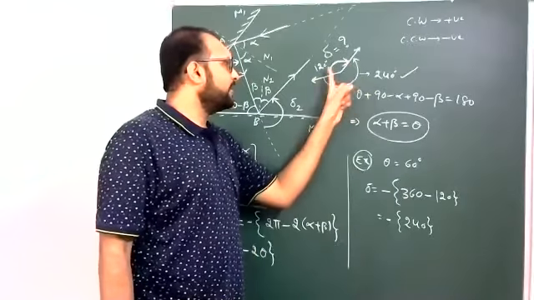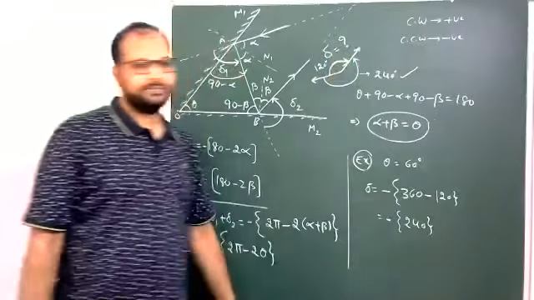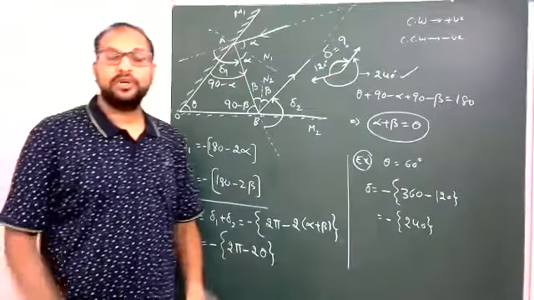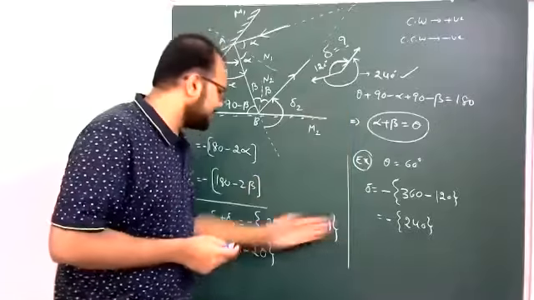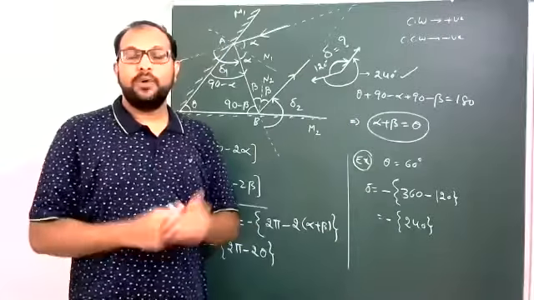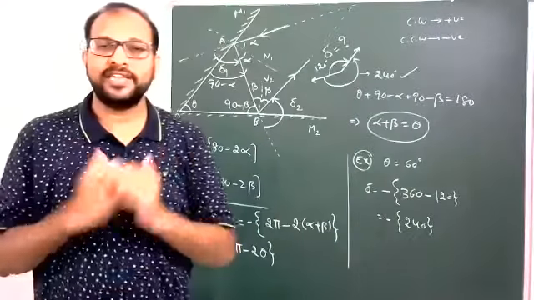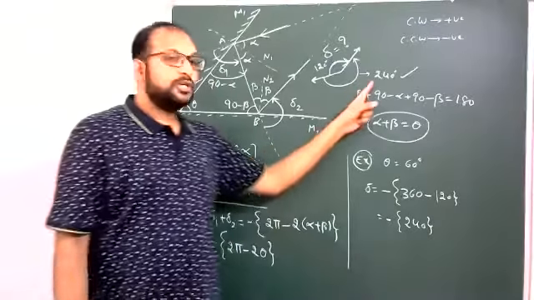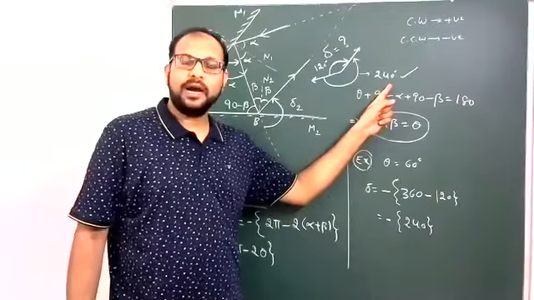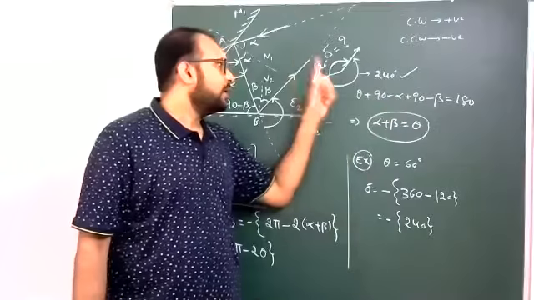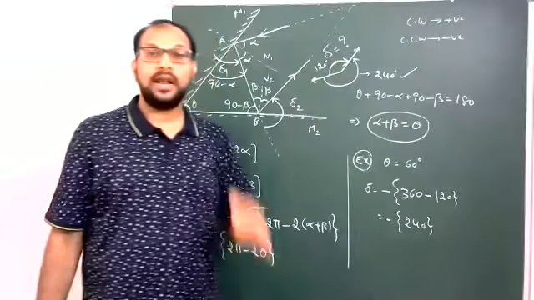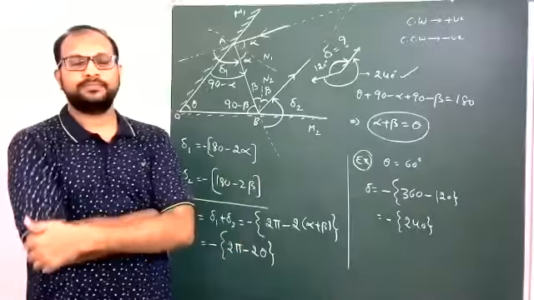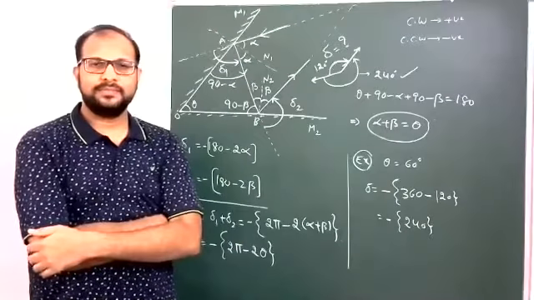Already 240 is over, now it is 120. So in the present example, what is the angle of deviation? Two answers: 240 degrees in counterclockwise direction, 120 degrees in clockwise direction. Both are answers.